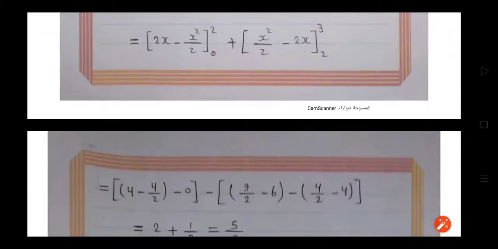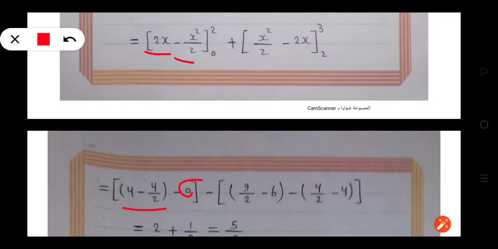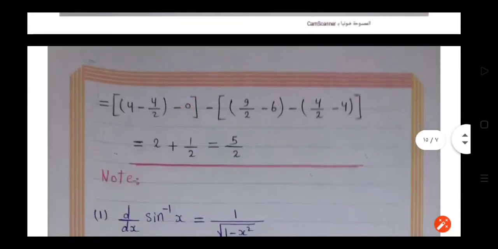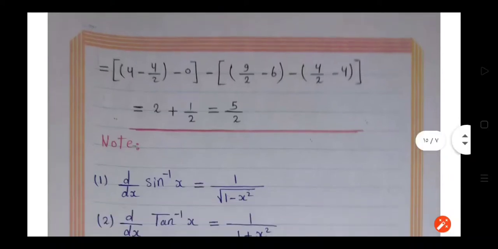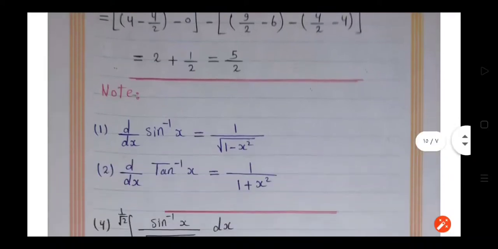It's equal to 4 minus 4 over 2. By 0, it's equal to 0. Second part, by 3, 9 over 2 minus 6, and by 2, 4 over 2 minus 4. It's easy to find this value. It will also equal 5 over 2.